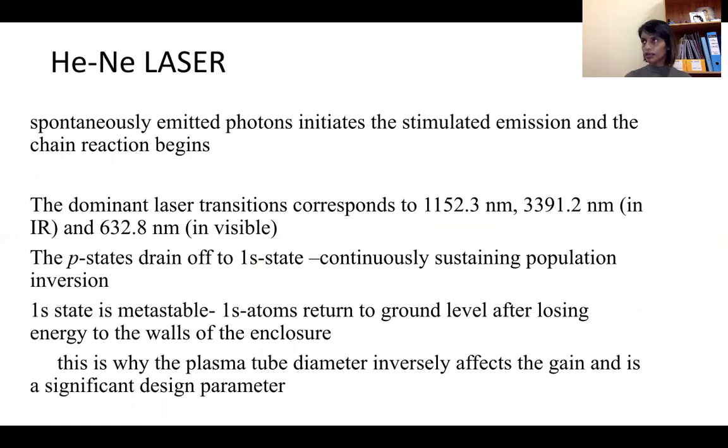They are reflected back and forth inside the optical cavity, and then the chain reaction begins. So we have three dominant laser transitions corresponding to IR region and visible region. The P states drain off to S states, continuously sustaining population inversion. 1S state is metastable.